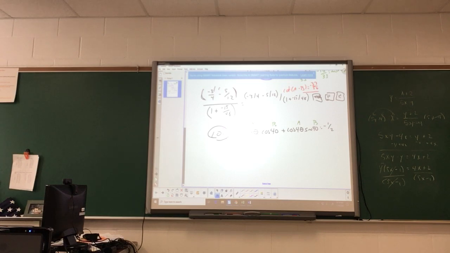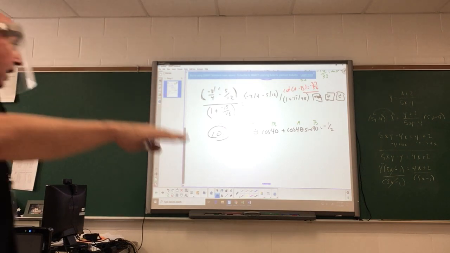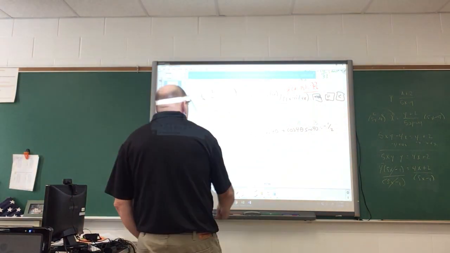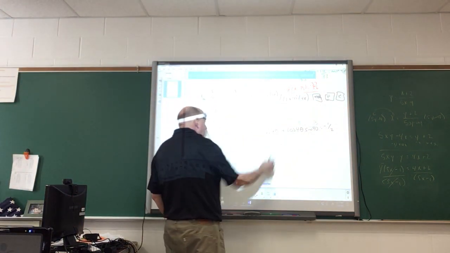So now, on the right-hand side of my formulas, I look for something that looks like sine A cosine B plus cosine A sine B. I'm looking at the right-hand side. I have sine cosine plus cosine sine.